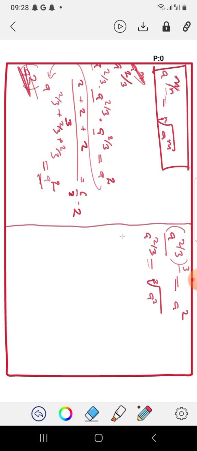So let me re-explain this one. We have a raised to power m over n. When we run it n times, multiplying it n number of times, we have a raised to power m over n, everything raised to n.